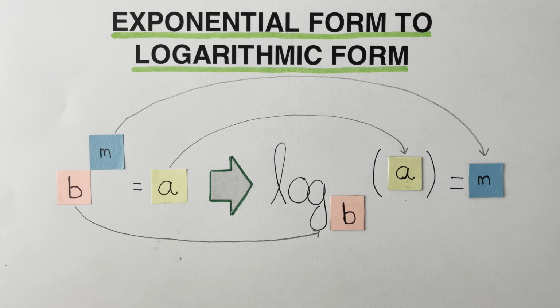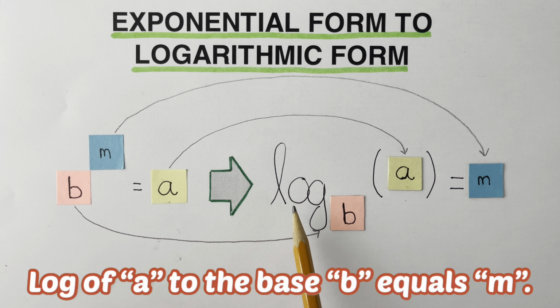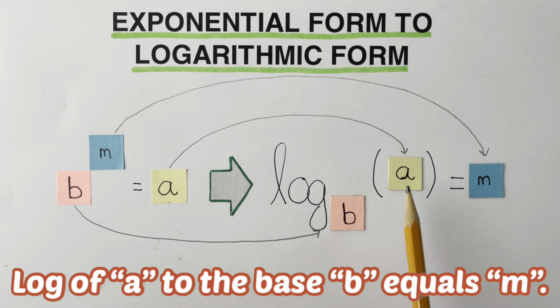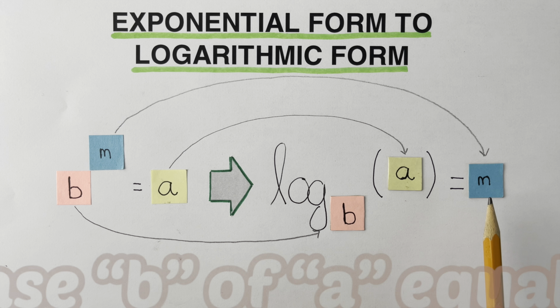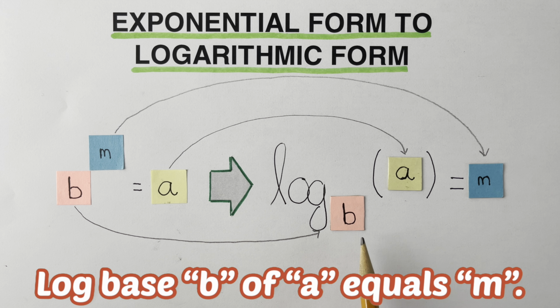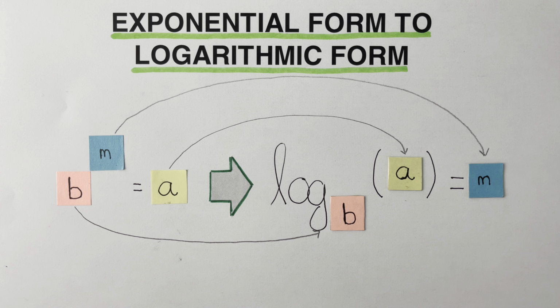And please remember that this expression can be read as log of a to the base b equals m. Or the other way to read this is log base b of a equals m. So this is how we change a given exponential form to its equivalent logarithmic form.